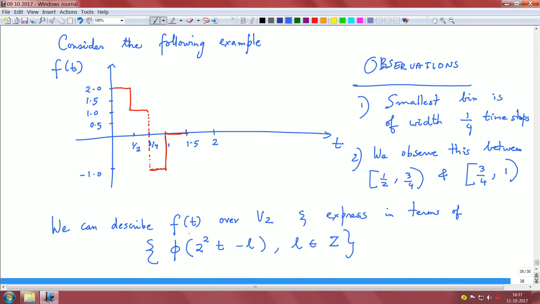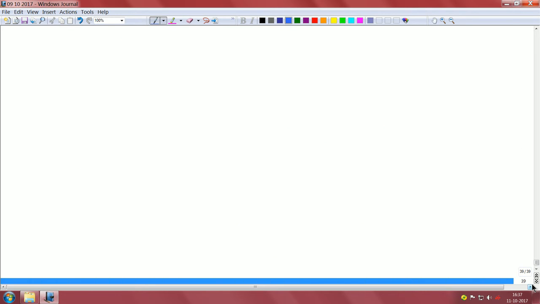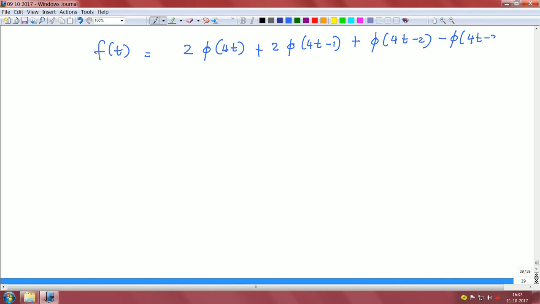That means I can expand f of t using this as my basis. Now, f of t can be written as 2 times phi of 4t plus 2 times phi of 4t minus 1 plus phi of 4t minus 2 minus phi of 4t minus 3.